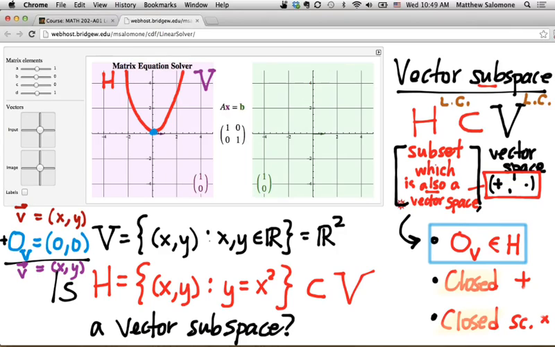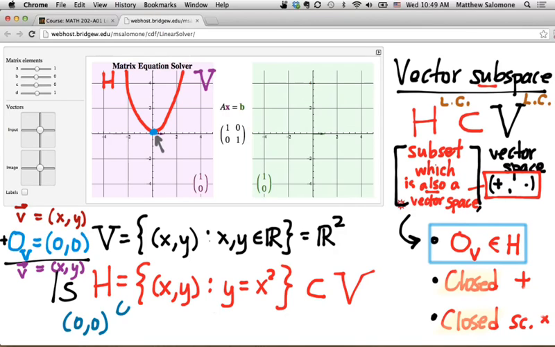It does. Just looking at the graph, we notice that the origin happens to be one of the points in our subset H. And looking at it from the point of view of the definition of H, is it true that 0, 0 belongs to this set? Well, how do we decide?